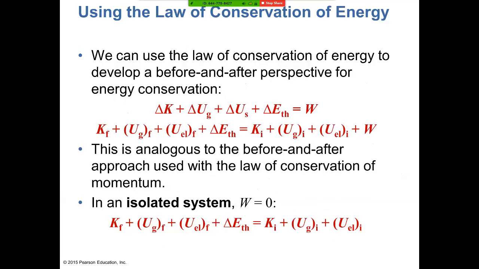All right, so then here's what we have. This is using the law of conservation of energy. The idea is this: energy before and after is exactly the same only if the work is done by a conservative force. When a conservative force is doing work, your energy is the same before and after.